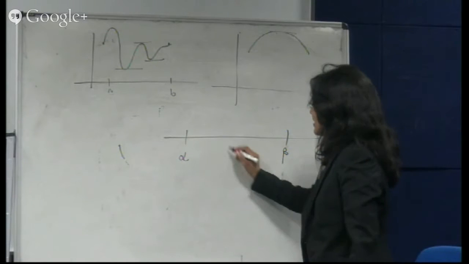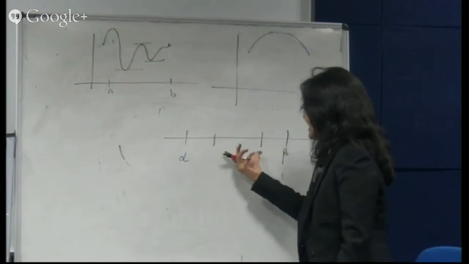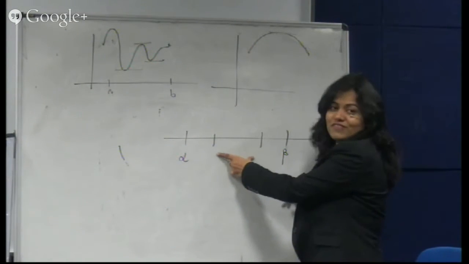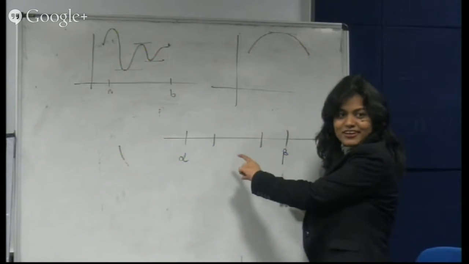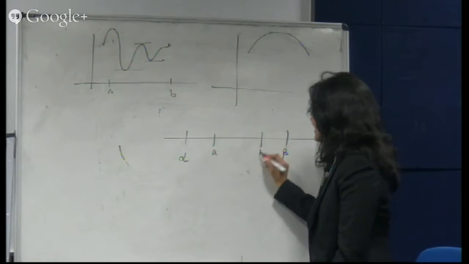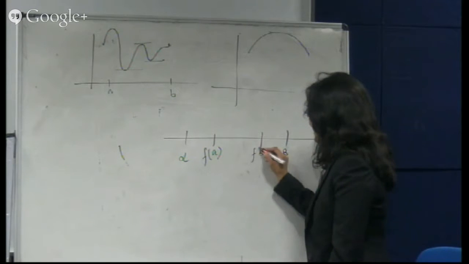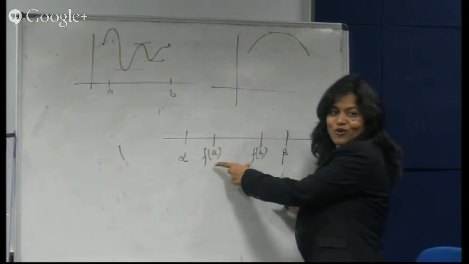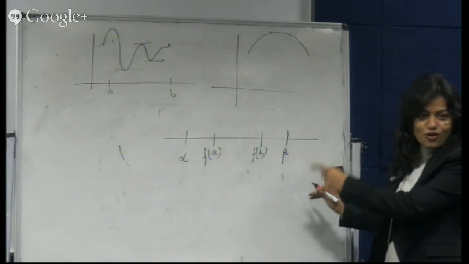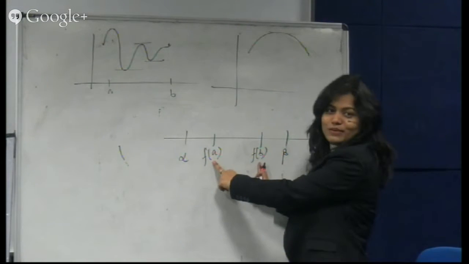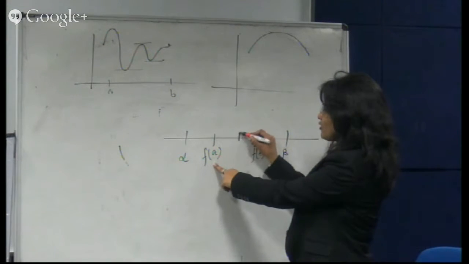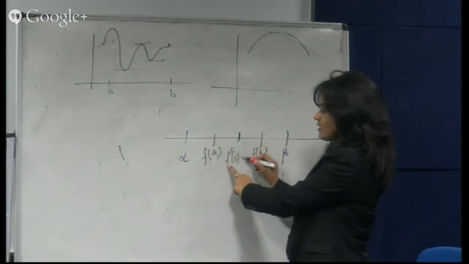Fine. And we are saying that if possible, there are more than one root of the function f, say a and b. So if f(a) and f(b) are 0, then applying Rolle's theorem in this interval a to b, I will get one root of f'.